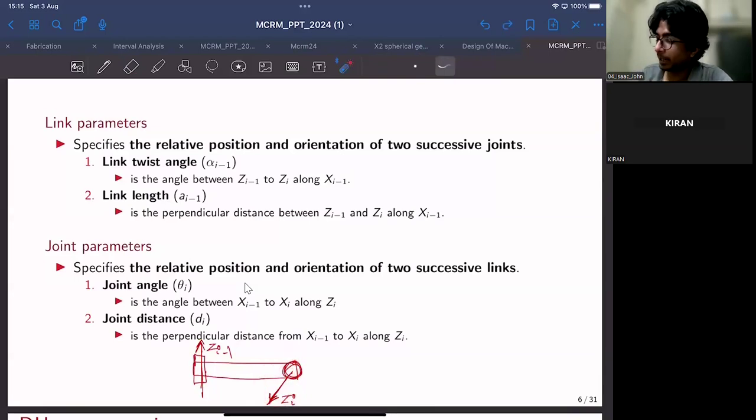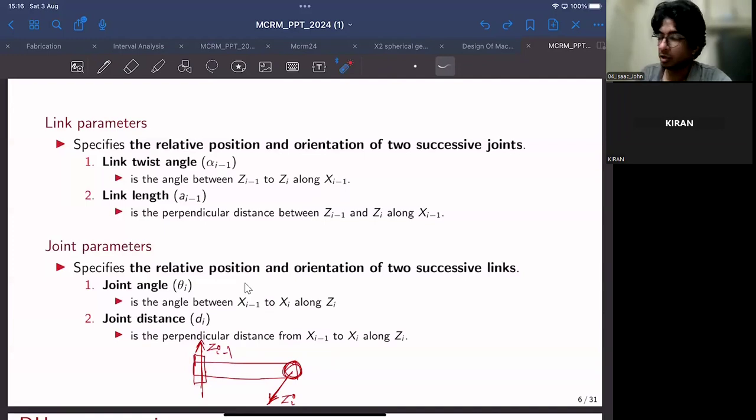Now you would require two parameters to specify the position between these two axes, the normal distance between them, and you also need one more parameter to specify the relative orientation between these two axes, which is basically 90 degrees. If you rotate this axis 90 degrees, you will get the orientation of the zi axis. So you need two parameters for that.